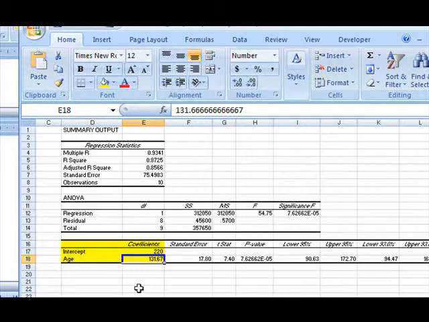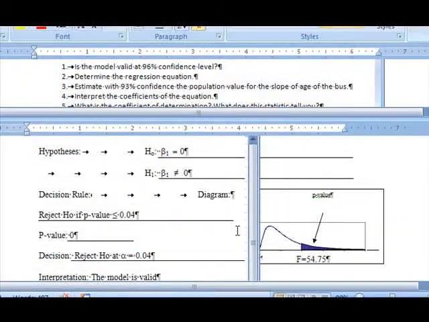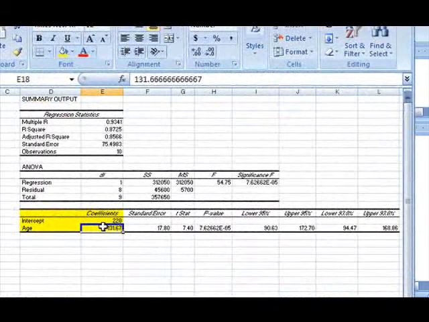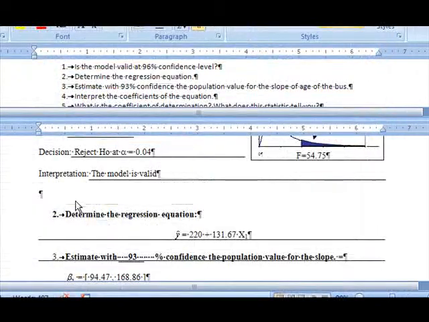So we start with age, which is B1. So that's B0 equals 220, B1 equals 131.67. And that's where your regression model comes from. Y hat, because that's the sample, equals 220 plus 131.67x. Notice that we're following the sign here. If it was a negative, then we put a negative there.